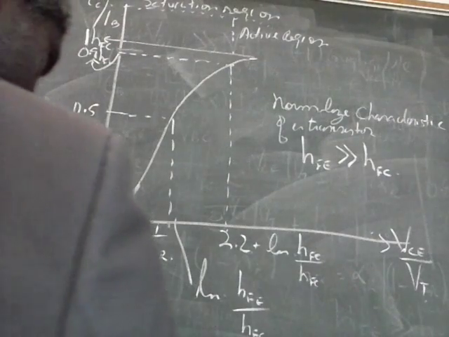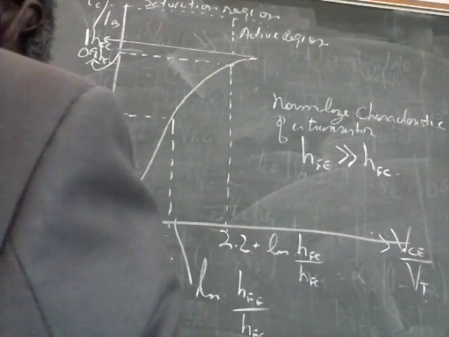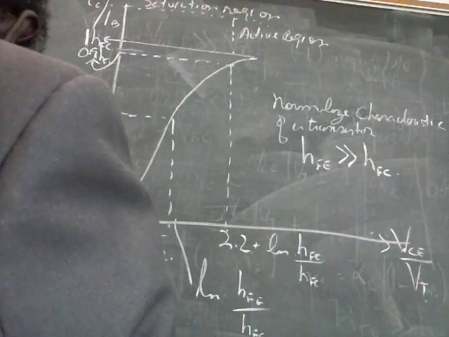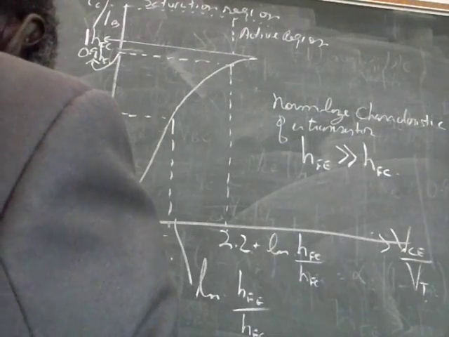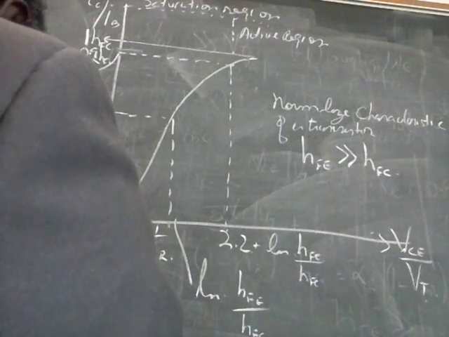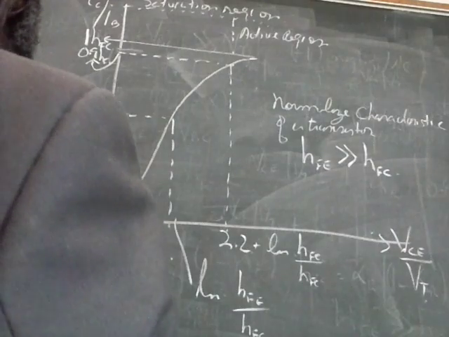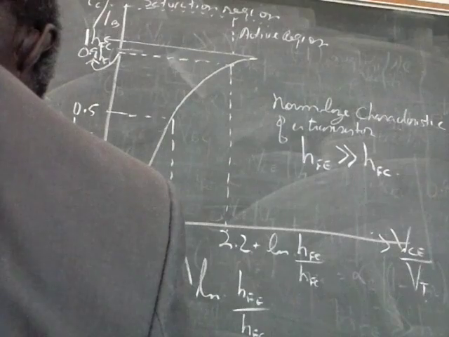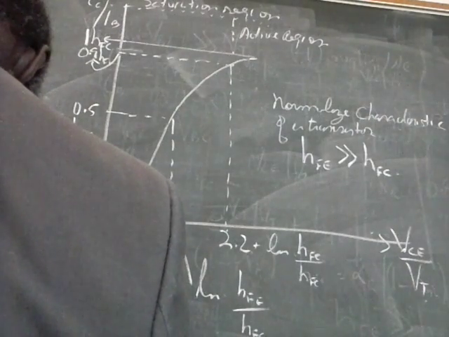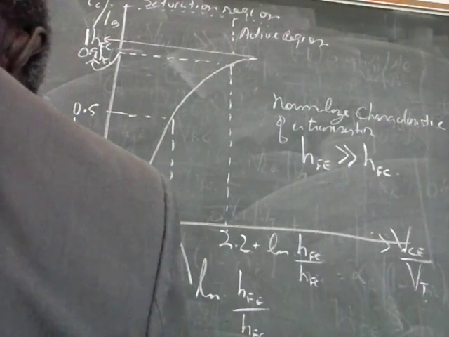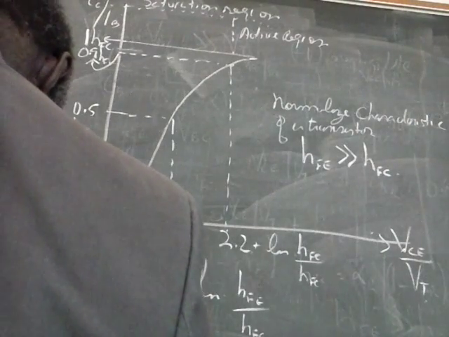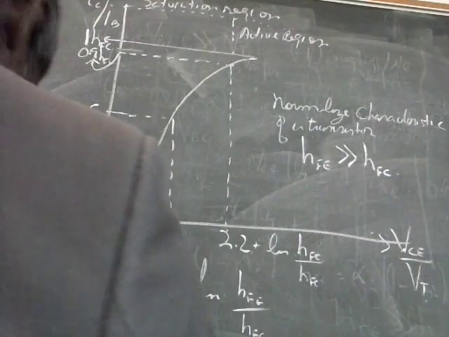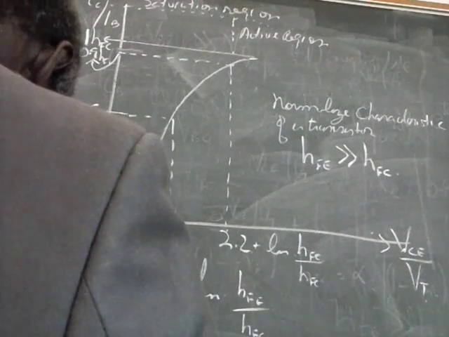This is the relation here: 2.2 plus log HFE over HFC. Alright, if we consider, for example, HFE equals 100, HFC equals 0.01, then IC over IB will be 9.9. That's with HFE equals 100 and HFC equals 0.01.